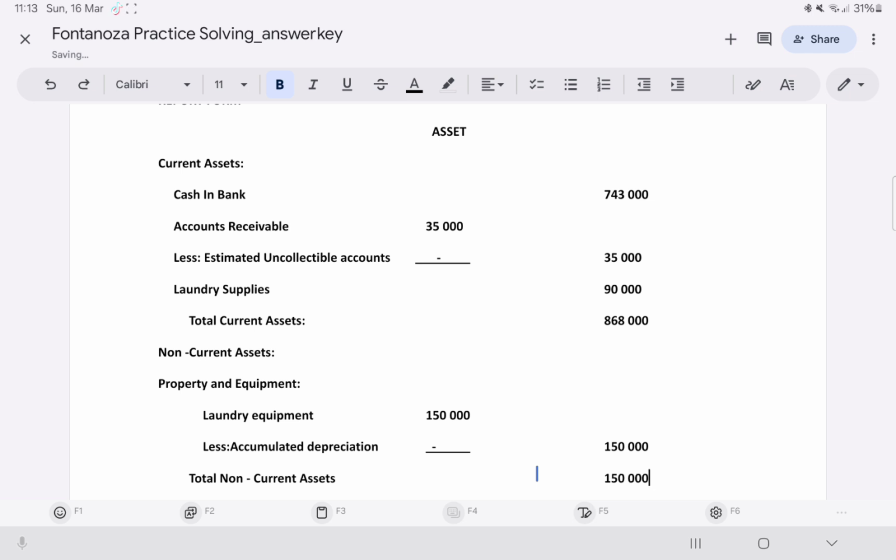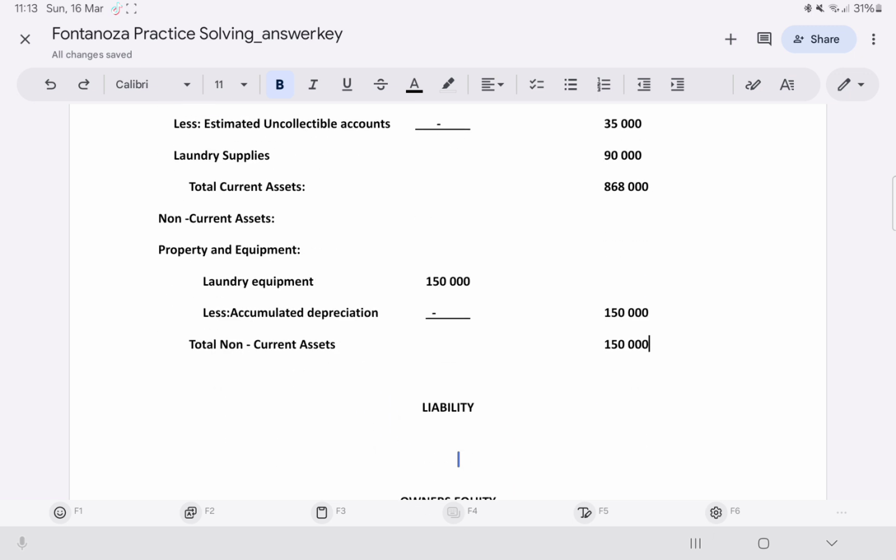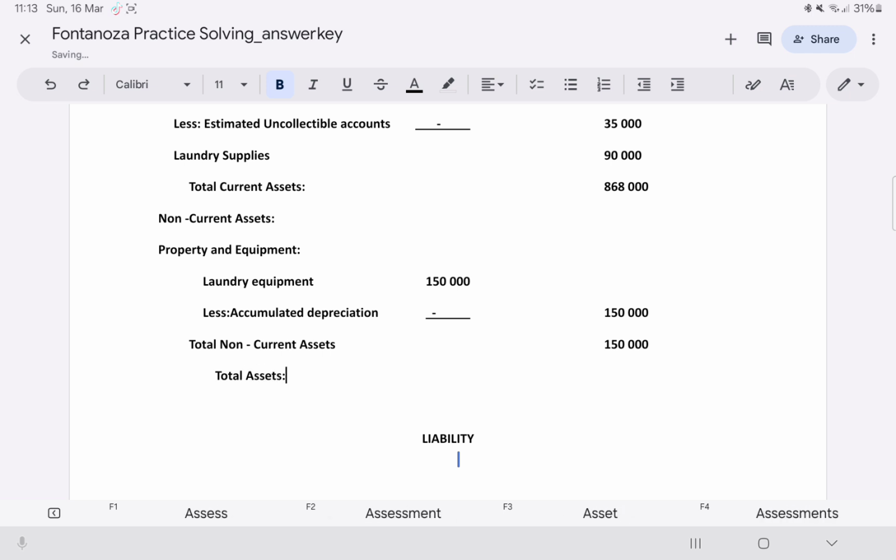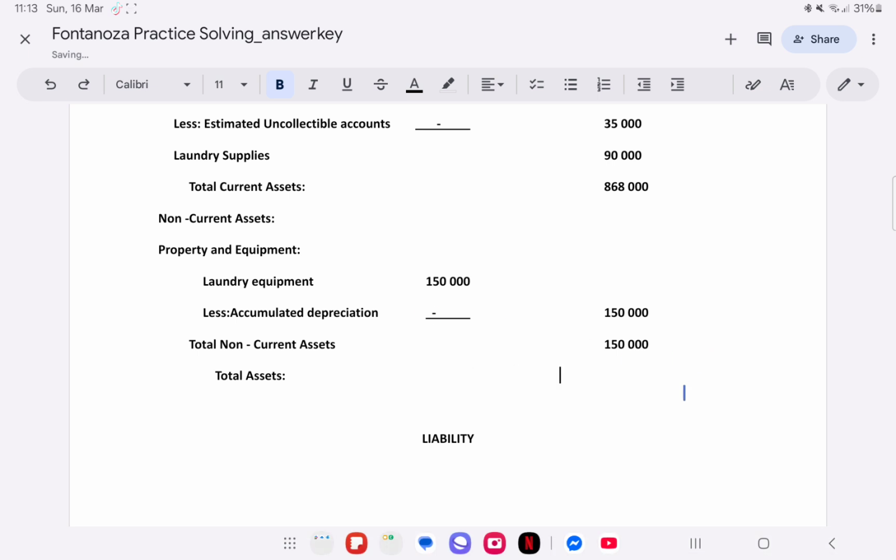Therefore, our total assets: we need to sum up the total current assets of 868,000 plus 150,000.